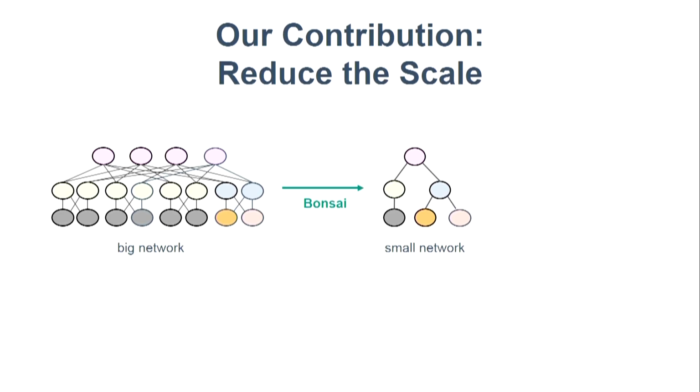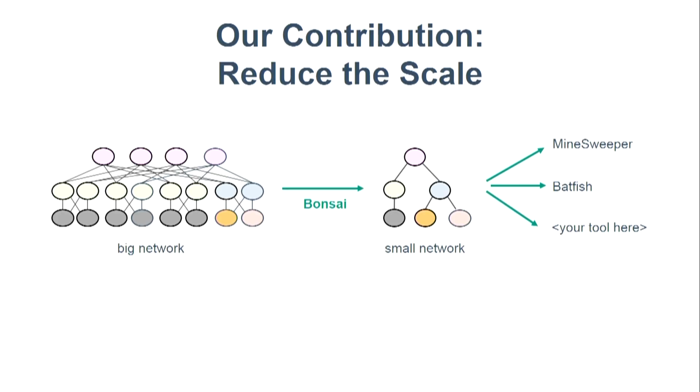Once you have this smaller network control plane, you can take any other or many other verification tools, such as the Minesweeper tool or the Batfish tool, or if you have your own network verification tool, you could run Bonsai, our compression tool first, generate a small network, and apply your tool to the smaller network. Because the verification time curve is exponential, even a linear compression can give you exponential improvements in performance.